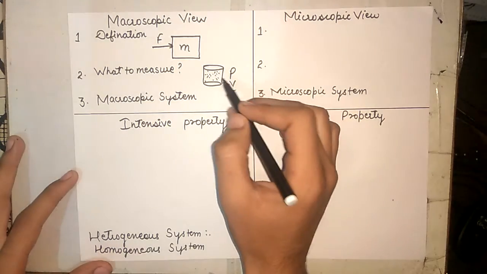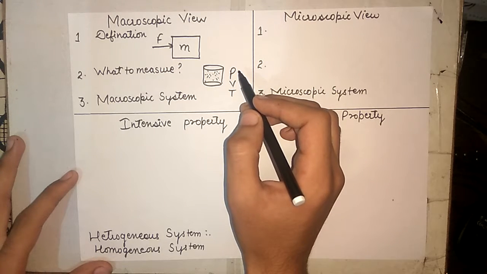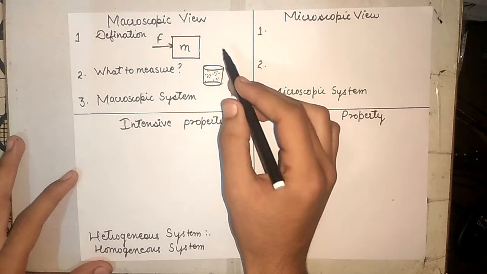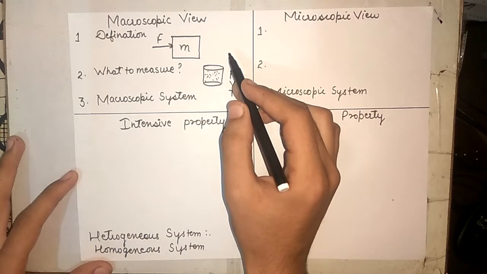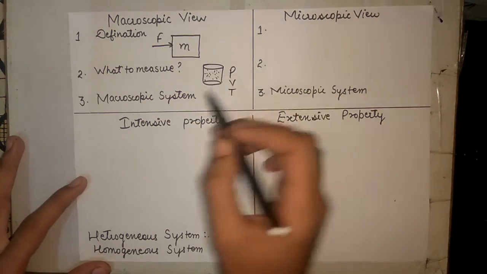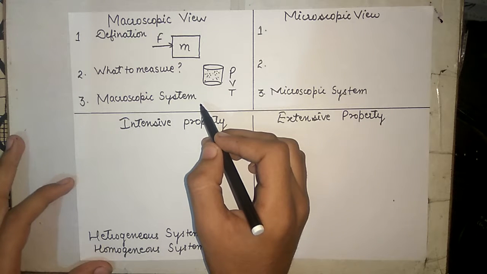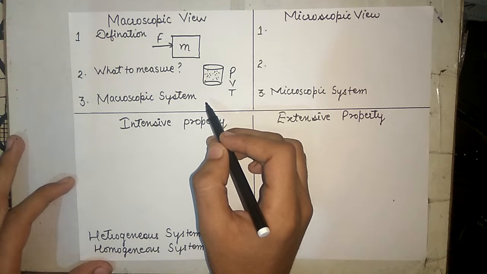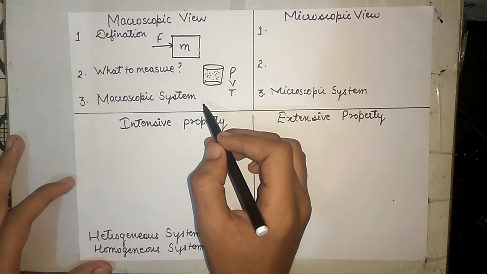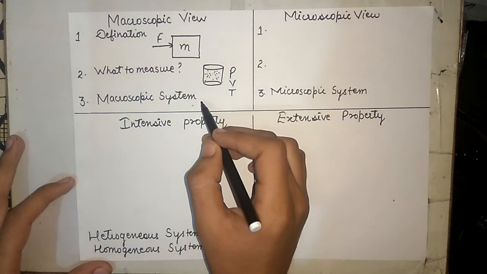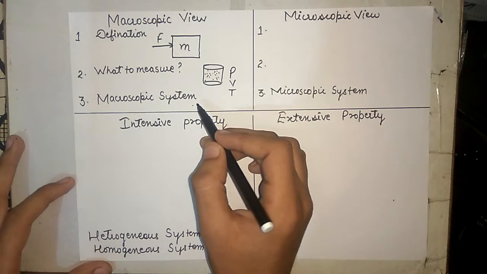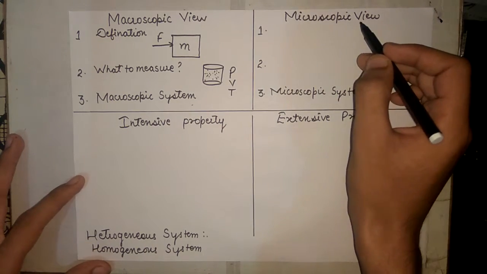So we can easily measure the properties in the macroscopic viewpoint. Okay, now what will be the macroscopic system then? When a system is explained by large scale characteristics or properties of the system, then it will be the macroscopic system.